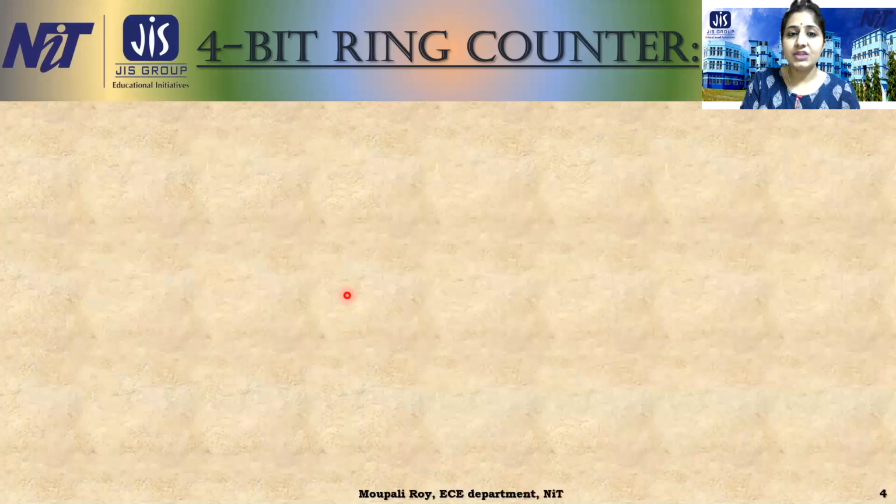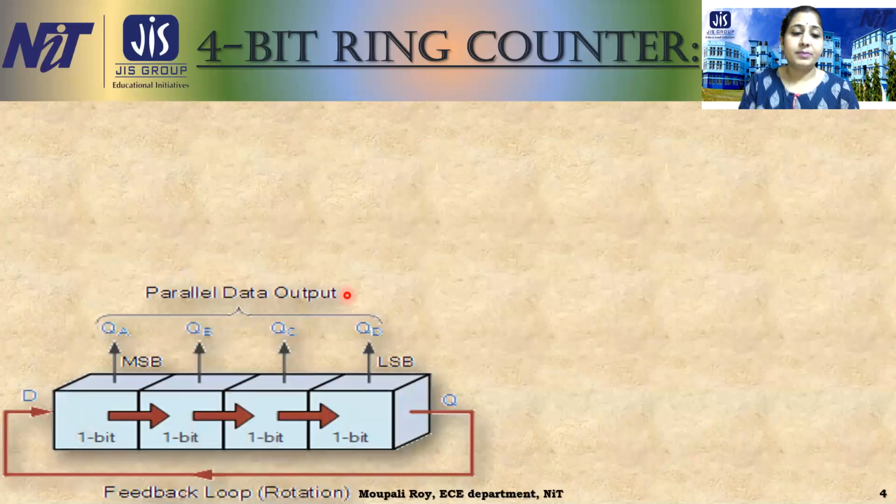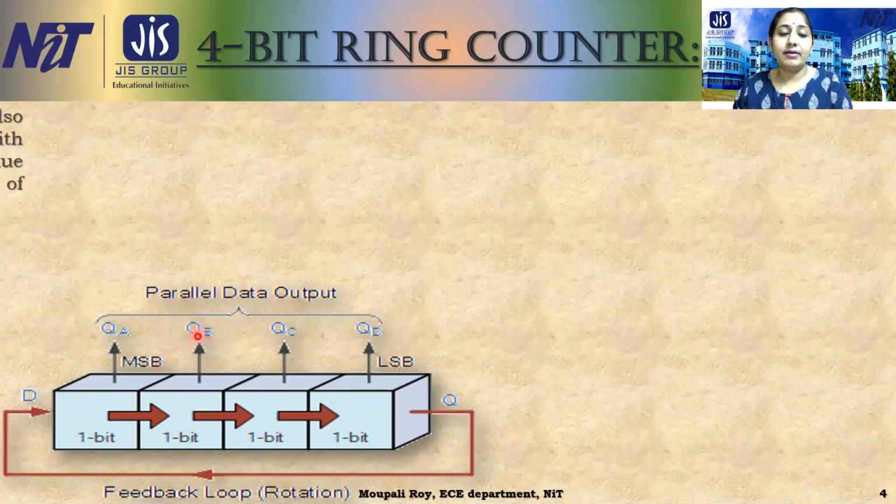In this ring we get the parallel data output QA, QB, QC, QD, and this output goes as the input of the D flip-flop. All are one bit and all the data is shifted there. So this is the parallel data output.